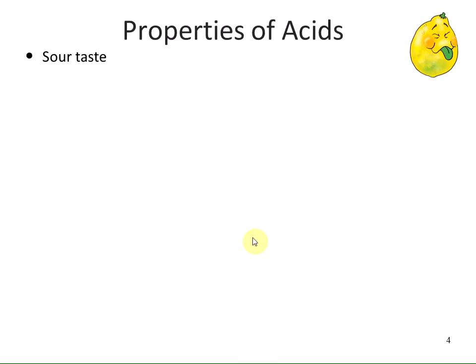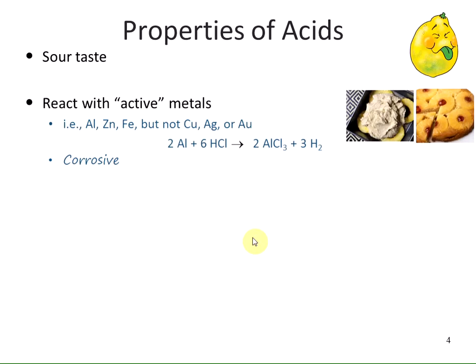Now, the properties of acids. If you think about a lemon, and a lemon is very acidic, it has a sour taste associated with it. Acids react with active metals. Examples of active metals include aluminum, zinc, iron, but that does not include copper, silver, or gold.